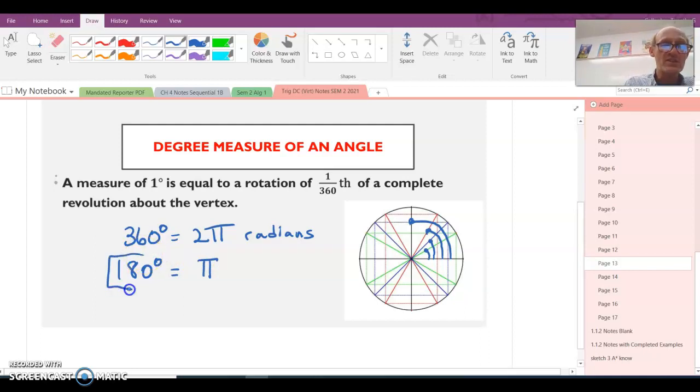So we use this idea of 180 degrees equals pi radians to understand that 1 degree is equal to pi over 180 radians.